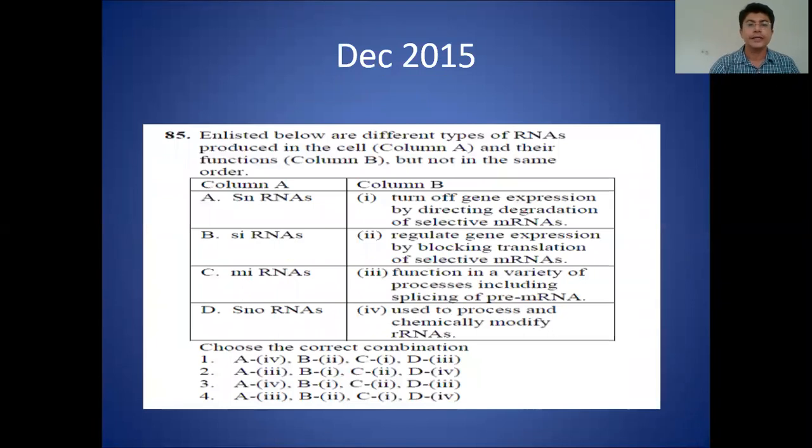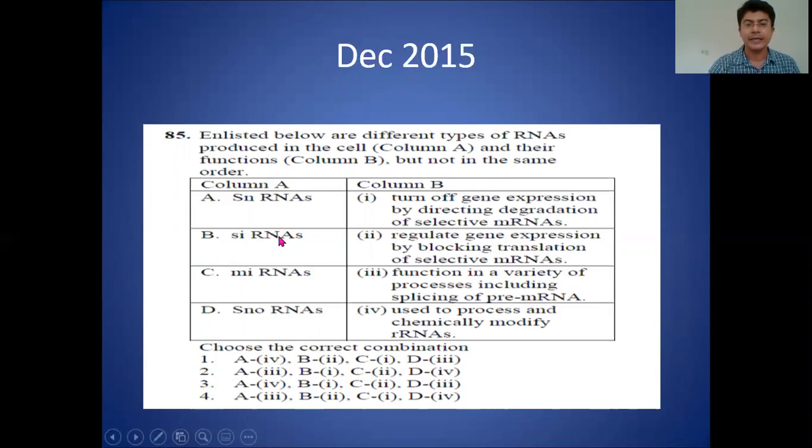Next one, here the list is shown about the different RNA molecules, and you have to find out the functions of the RNA molecules. So snRNA molecules, what are the functions of the snRNA, siRNA, microRNA? So just whatever the RNA molecule whose function is absolutely known to you, just try to identify such kind of combination.